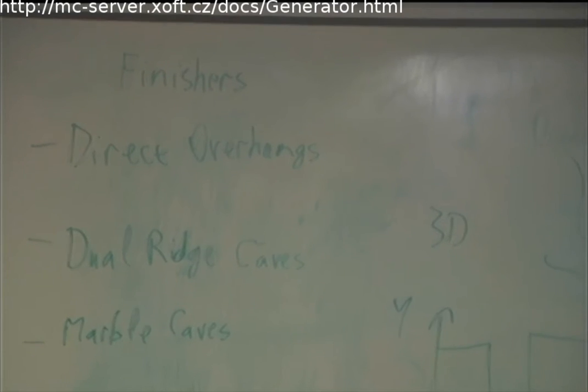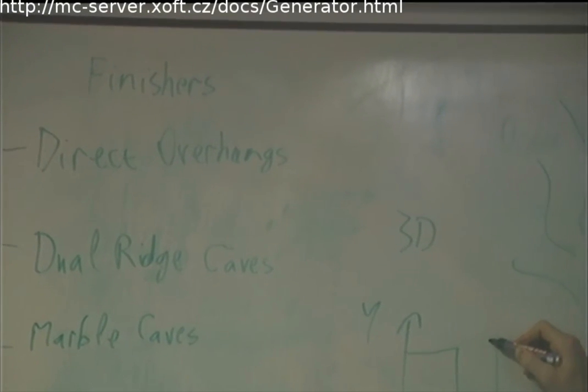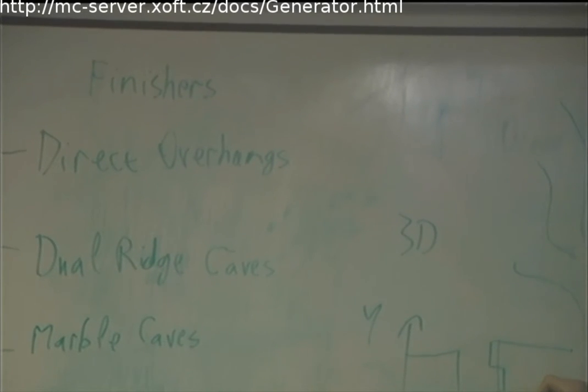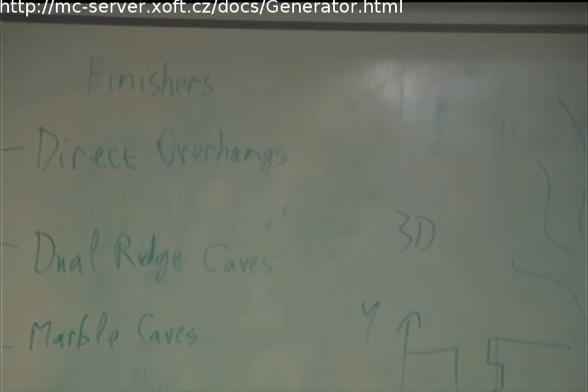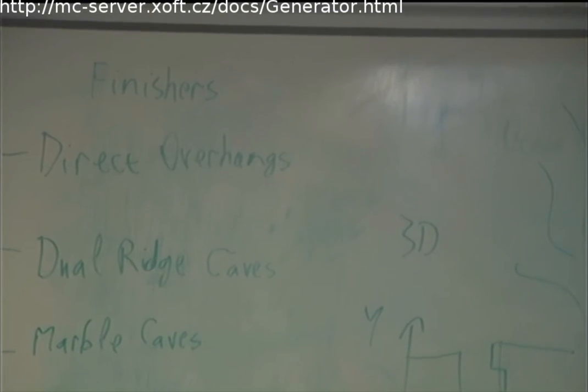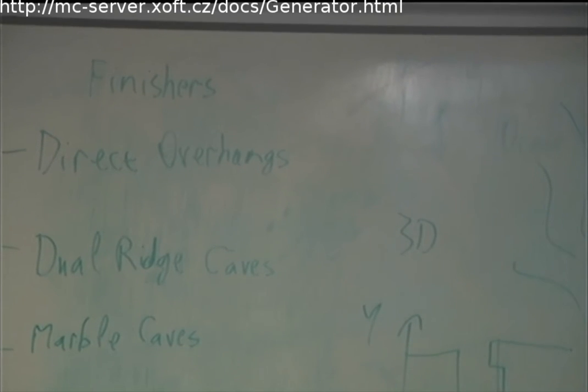That's not much of a ravine. Nowadays we have a ravine generator that can do little steps like this, so that it's a little more interesting. So these are the obsolete ones. Let's get rid of them.